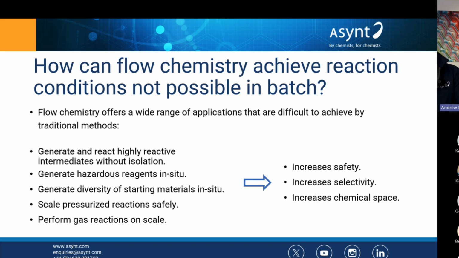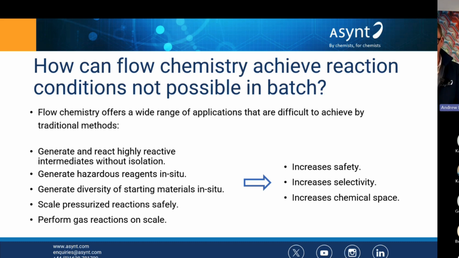These gas reactions not only take into account the addition of reagent gas or reactive gases, but also the evolution of gas. So if you're doing a large-scale Curtius, the evolution of the gas within that would be difficult to contain on scale.